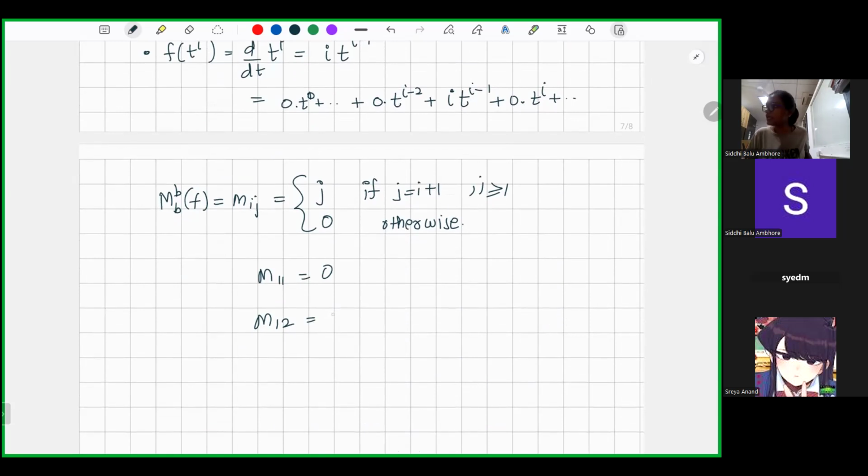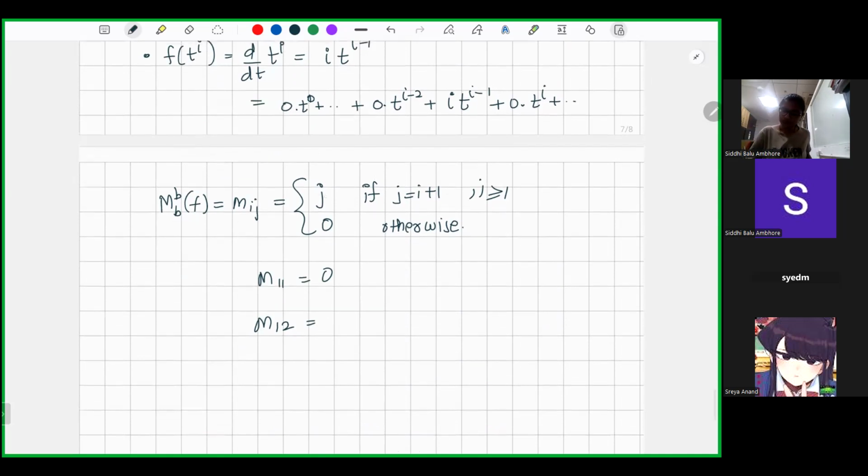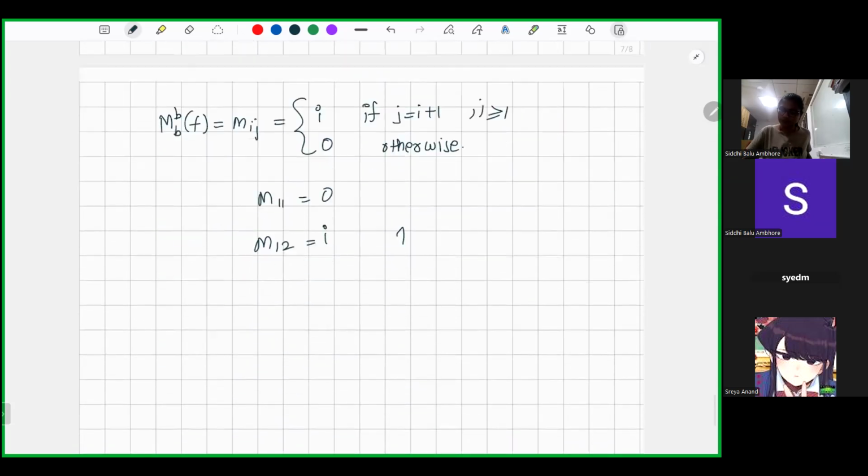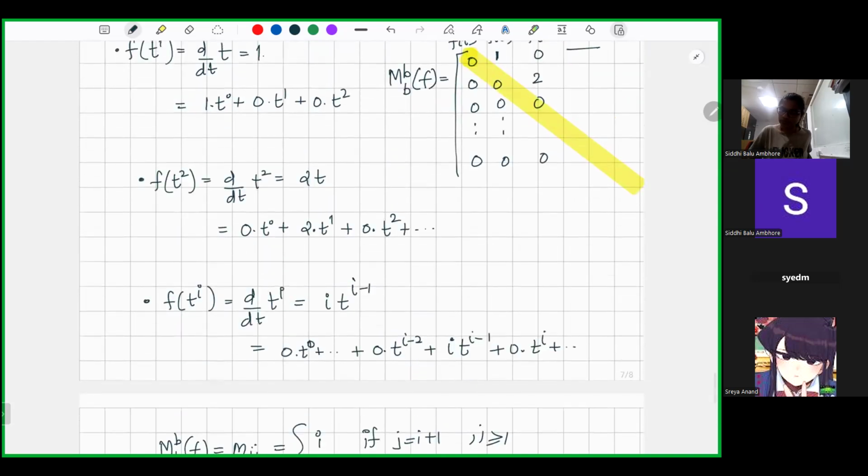I think it should be i. Now it is j, and j will be my 2. It should be i here, but that's what I want. Then it will be 1. M12 is 1 here.